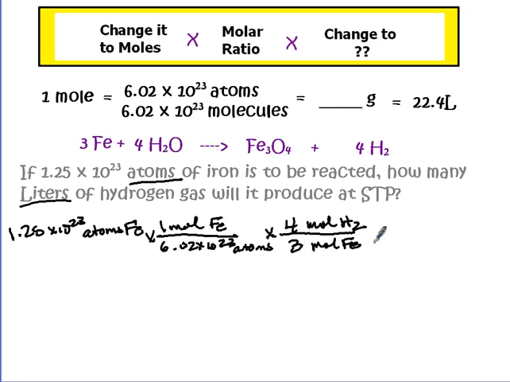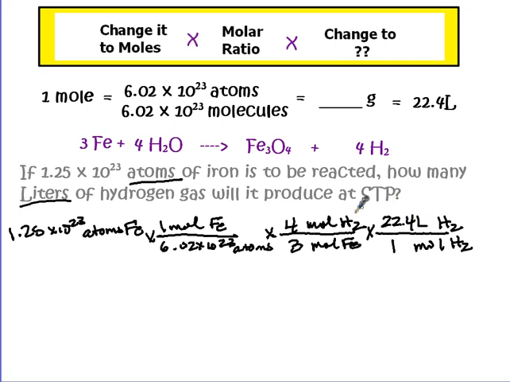And then watch this. Last step, right there. On the bottom, I'll put moles, so that'll cancel. And on the top, I'm going to put liters. How many moles? 1 mole, because we're changing it to liters, right? And how many liters?